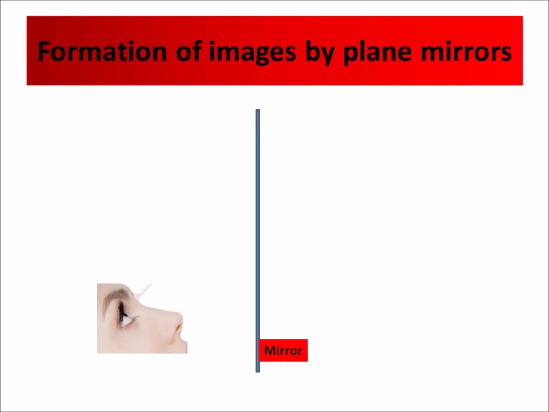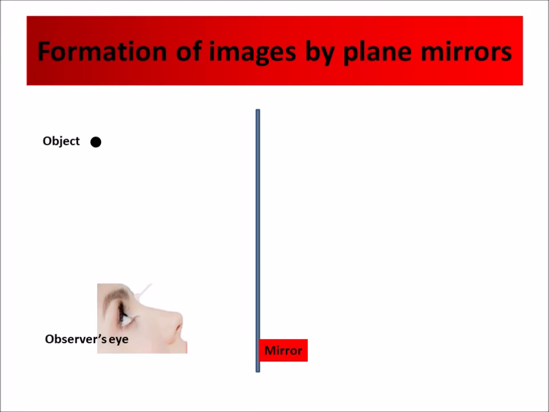So first of all, draw a mirror as in the diagram, then the observer's eye, then we have an object in front of the mirror like that. So that is the object and this is the observer's eye.